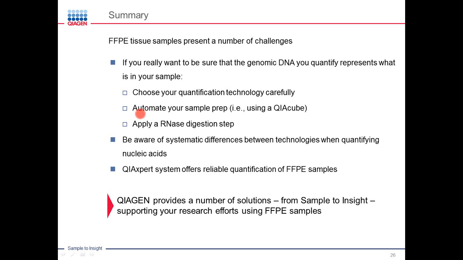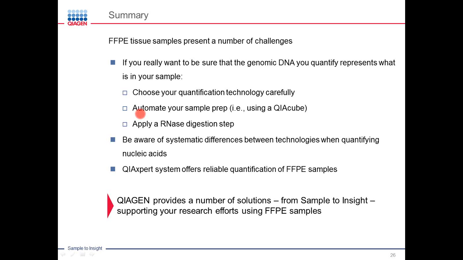Definitely automate your sample prep, because we could see that this provides a higher level of standardization of results. And definitely apply an RNA digestion step, because you saw the effects of what happens if you don't. So it's definitely something we feel is mandatory. And also, be aware of systematic differences between the quantitation technologies chosen when measuring your DNA amounts.